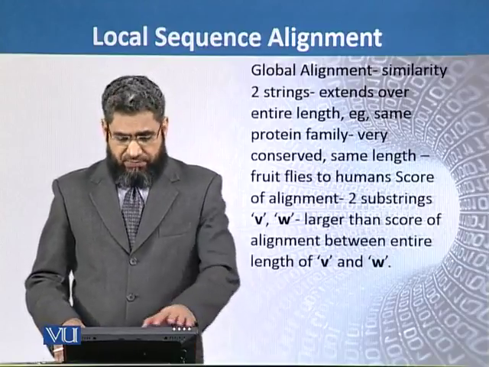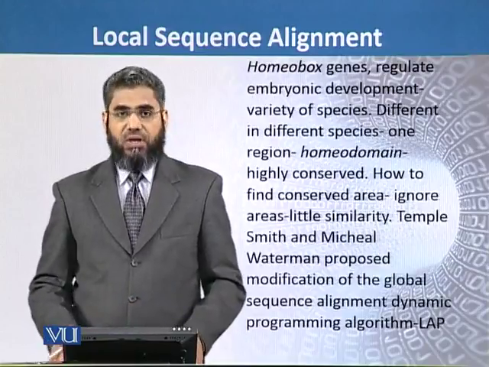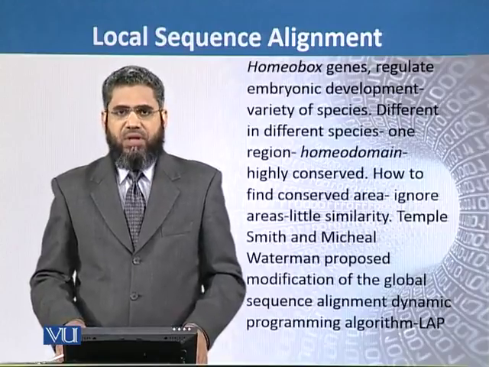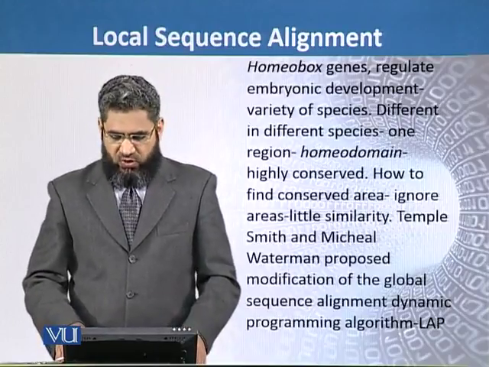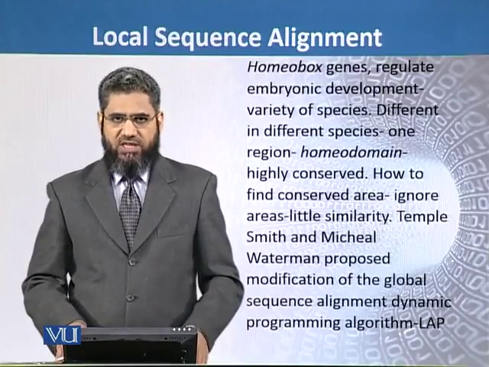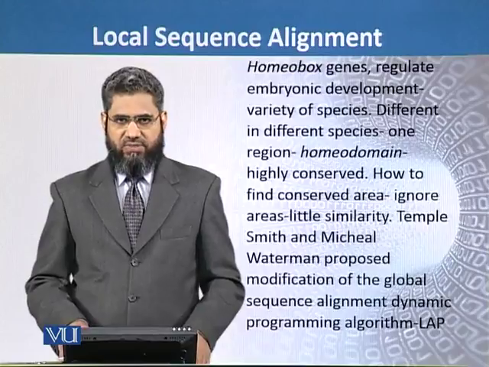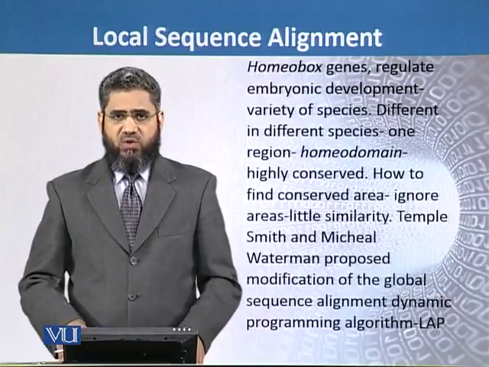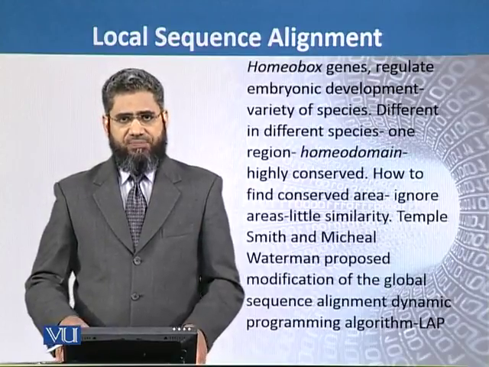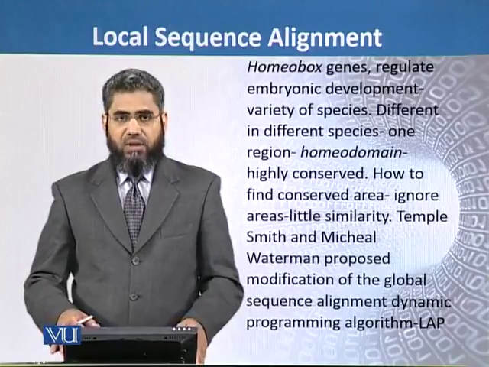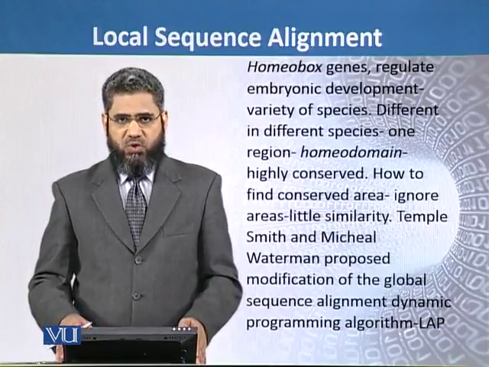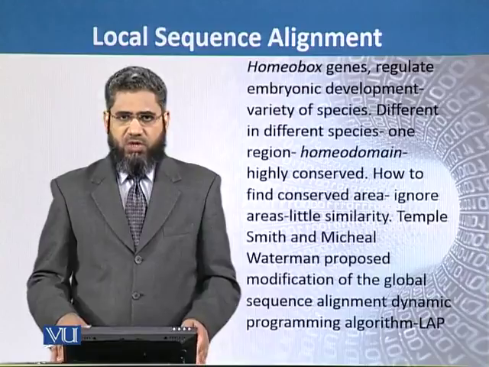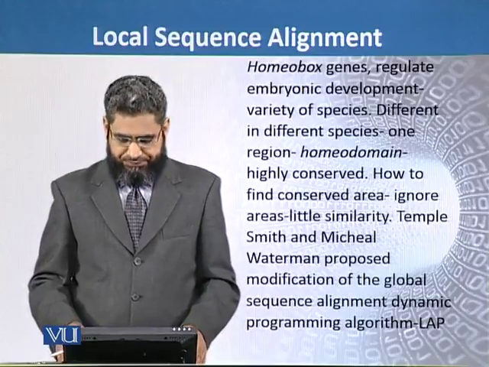An example of this is the homeobox genes. These homeobox genes are involved in embryonic development, and they are present in a wide range of organisms. But these genes differ in various organisms: each contains a specific domain called the homeodomain, which is conserved throughout the proteins in various organisms.